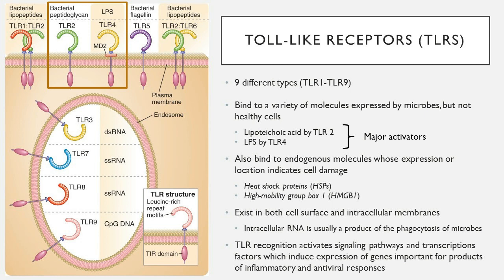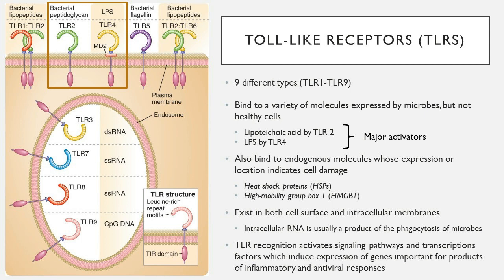Now, as the picture indicates, there's a number of toll-like receptors that are expressed on the cell membrane and also in the intracellular membranes of these vesicles. And usually it has to do with how microbes or pathogens are processed. For instance, many of the compounds that are recognized in the intracellular compartments or vesicles are products of phagocytosis.